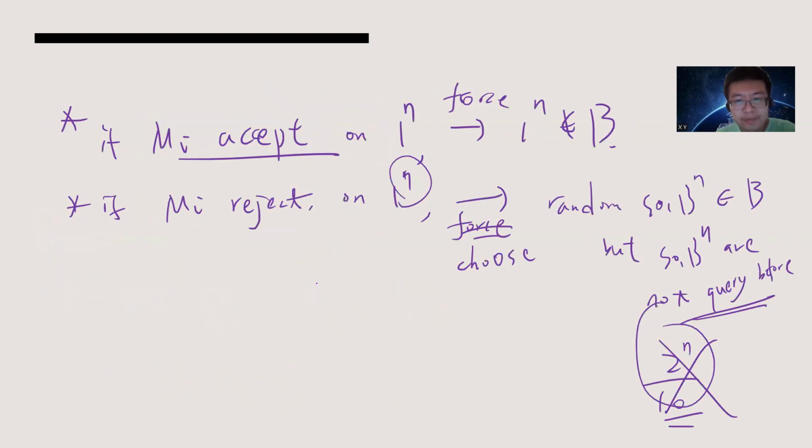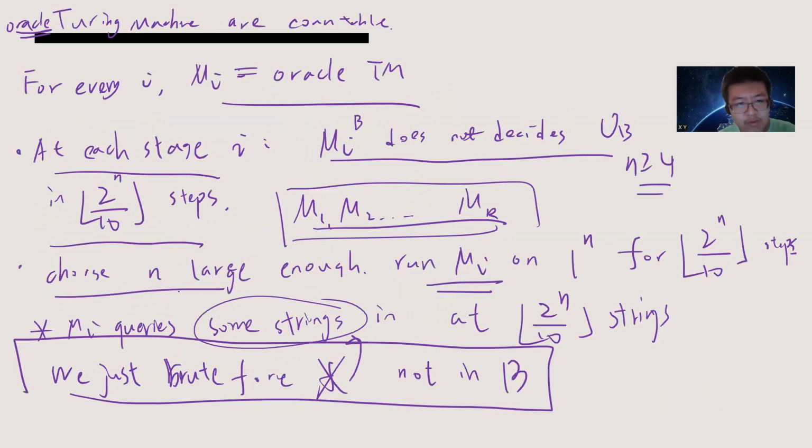The reason is that for a given Mi, you run it on 1^n for 2^n divided by 10 steps, and then I brute force to make Mi on 1^n incorrect.